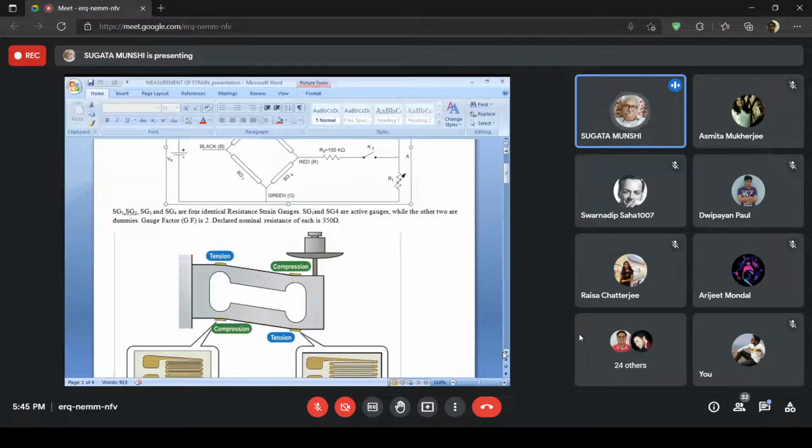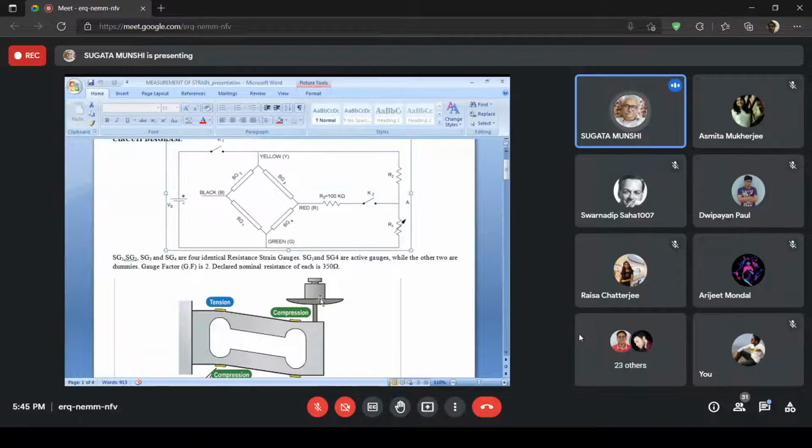There also this type of load cell is used, of course, to a larger extent. In the market, when you come across digital weighing machines for measuring the weights of the commodities that you are purchasing, there also this load cell is there.